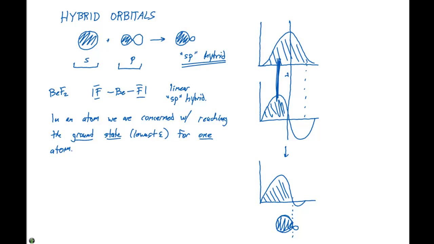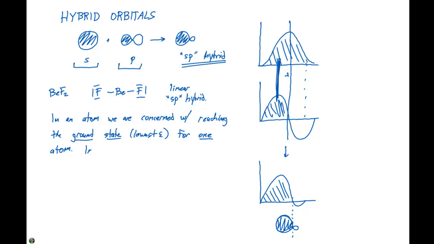So in an atom, we're trying to achieve the ground state, which would be to get all the electrons in that atom in the lowest energy configuration possible. There are various ways to do that: follow our normal electron configuration counting rules, and there are other anomalous electron configurations.